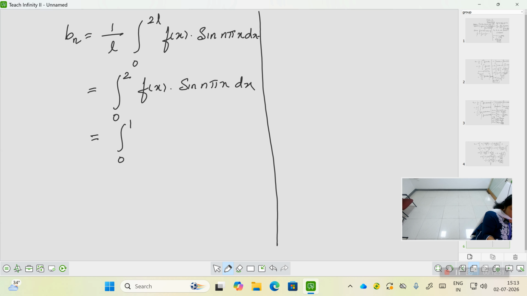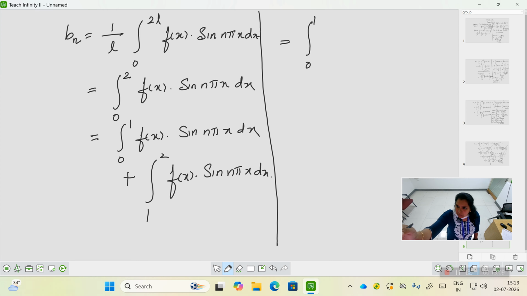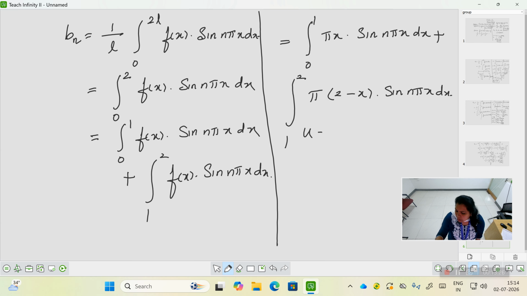So same like that, 0 to 1, f of x sin n pi x dx plus 1 to 2, f of x sin n pi x dx. So both the values for the function f of x are given, substitute here: pi x sin n pi x dx plus 1 to 2 pi into 2 minus x sin n pi x dx. So same like that, Bernoulli, u equal to x, dv equal to sin n pi x dx.